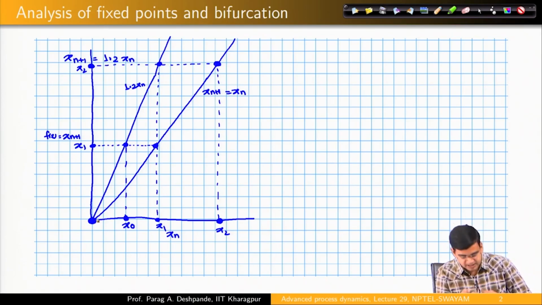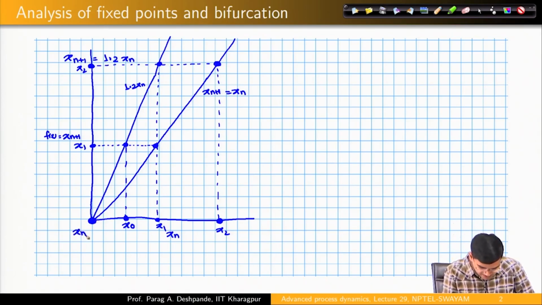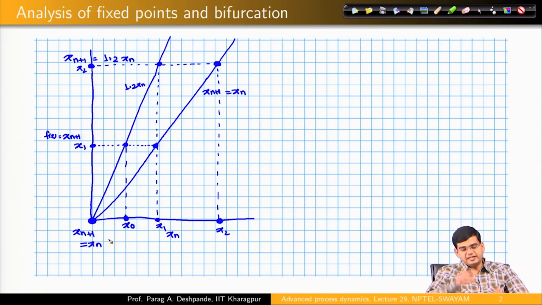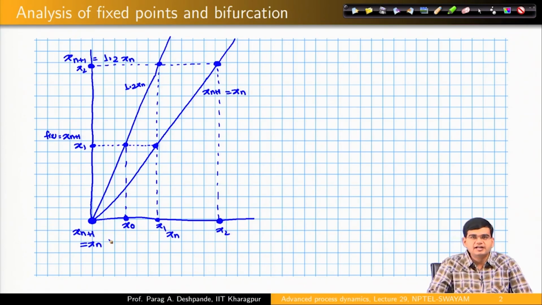But if I am here at this point, the two curves intersect, which means x n plus 1 is equal to x n, which means that point is a fixed point. But what is the difference between the fixed point which you get here and the fixed point which you got in the previous case, x n plus 1 is equal to 0.8 x n?